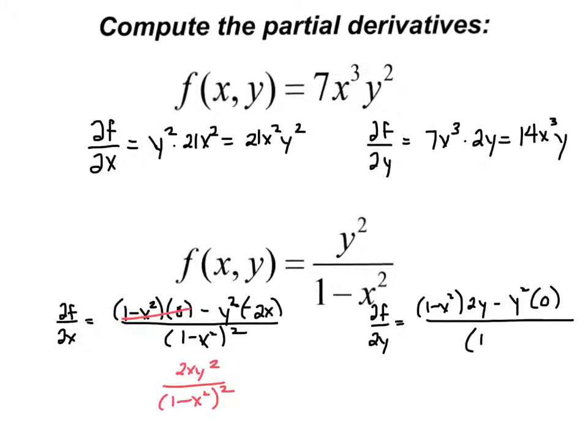Cross the line and square the low. So here, this would multiply to be 0, so we'd have something like 2y minus 2yx squared over 1 minus x squared, squared. So again, partial derivative with respect to x means treat y as though it were a constant. A partial derivative with respect to y means treat x as though it were a constant.